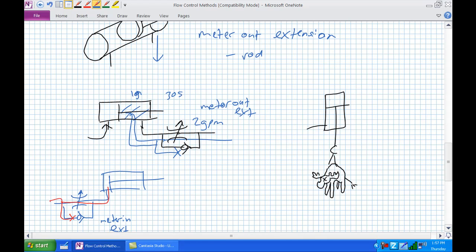What's going to happen without any metering scheme here? Basically, I'm going to hook this to low pressure tank flow and that to pressurized flow. And again, just like we saw earlier, the weight of that moose is pulling down on that thing, and it's going to leave the fluid inside the cap end away.